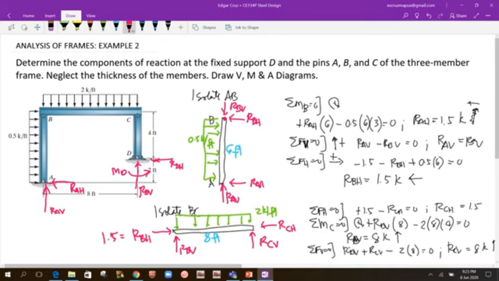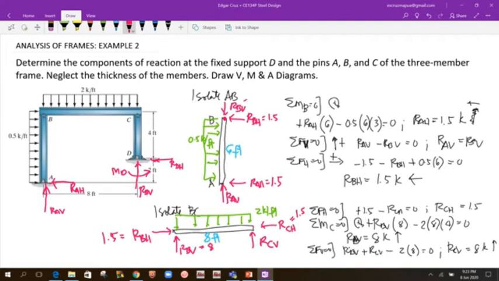Ano na ulit yan, lagyan natin dito sagot. So yung RAH is 1.5. Okay, tapos yung RBH, ito is also 1.5. Then RCH is 1.5 also. Tapos yung RBV, ito, that is 8.